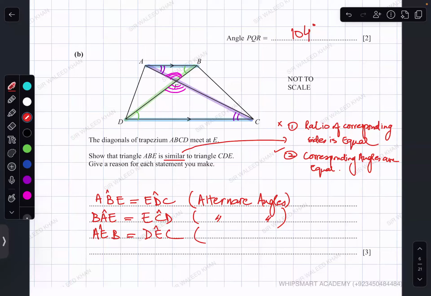And what is that? Vertically opposite angles. Right?